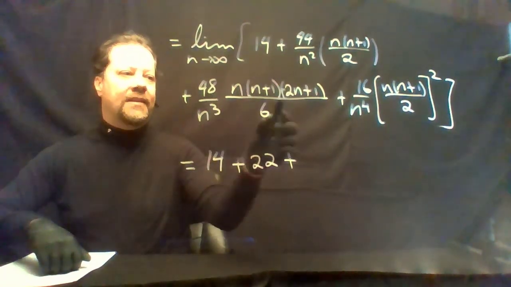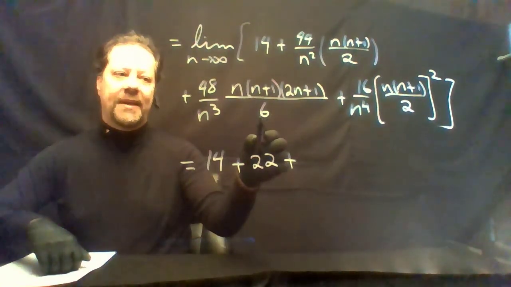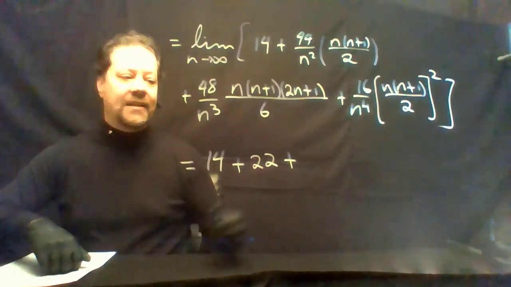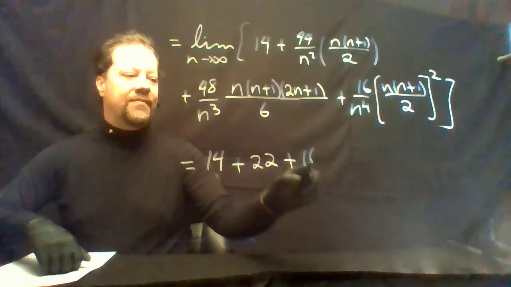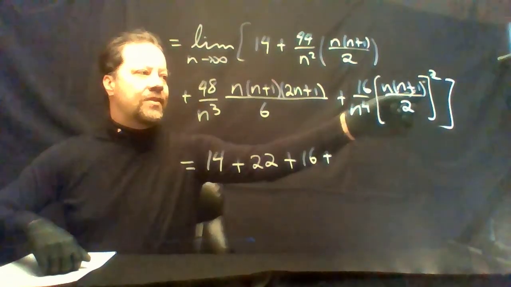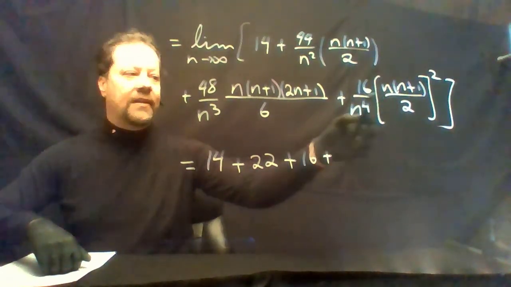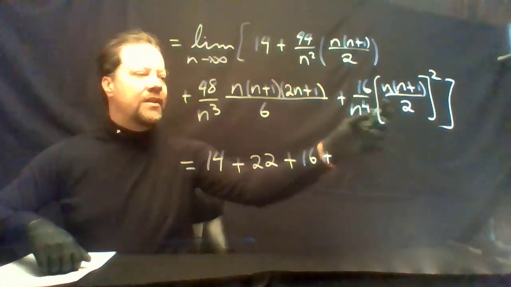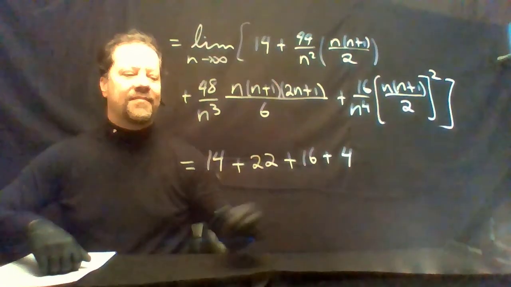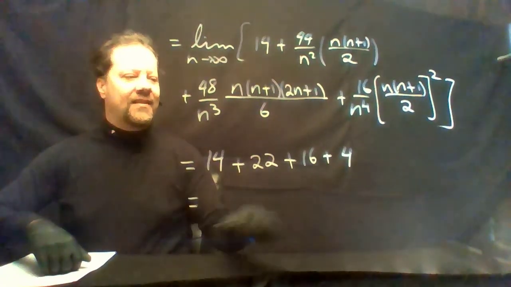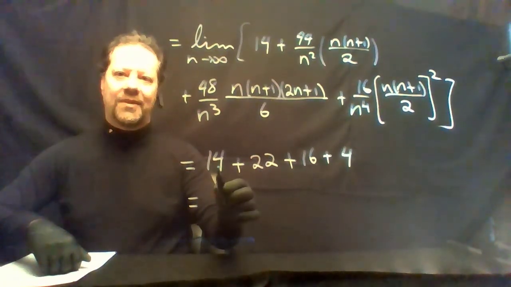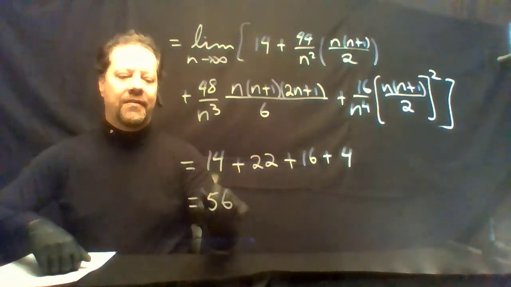We're going to have 48 times 2 divided by 6. Well, 2 divided by 6 is 1/3, and 3 goes into 48 16 times. In the next term, because of the square, we'll have a quartic divided by quartic. 2 squared is 4. That goes into 16 4 times. So we have 20 plus 22 is 42, plus 14 is 56.